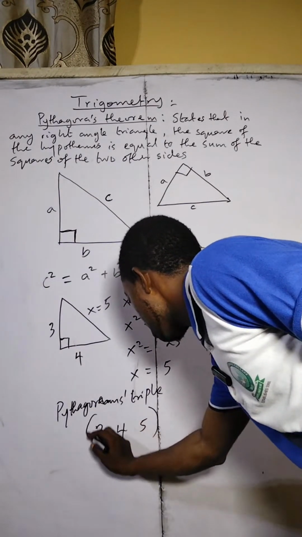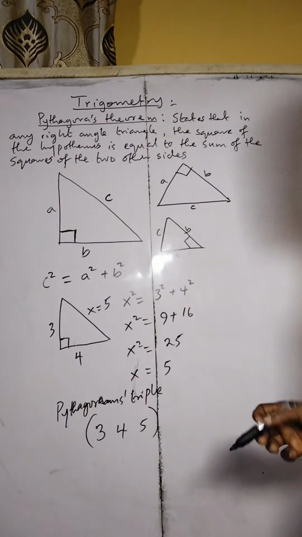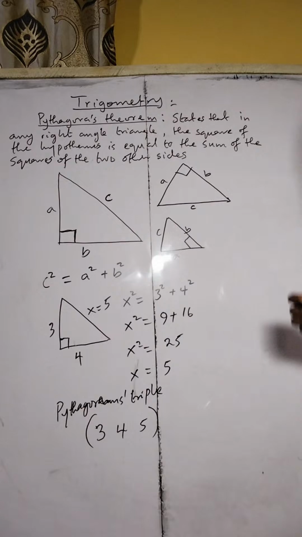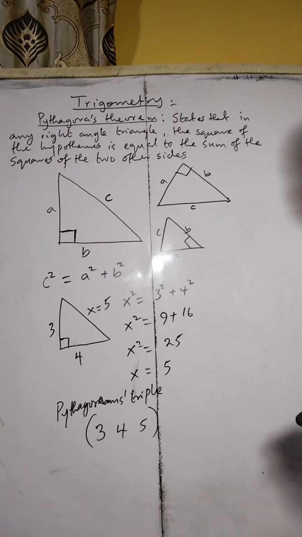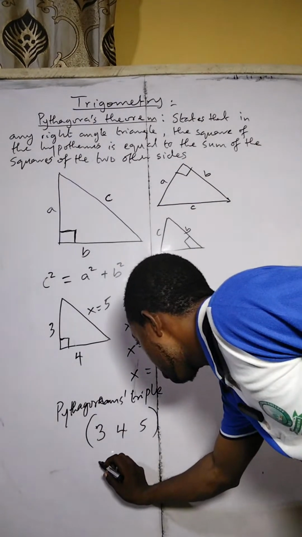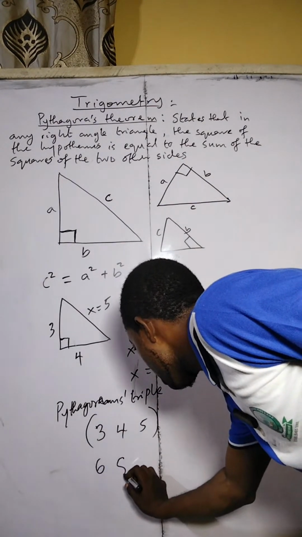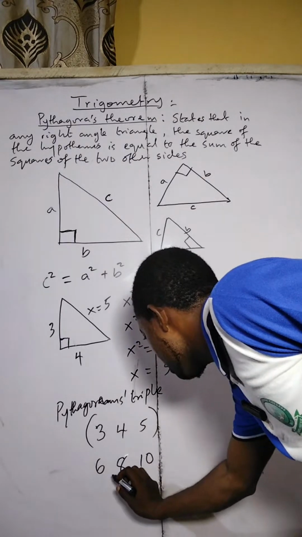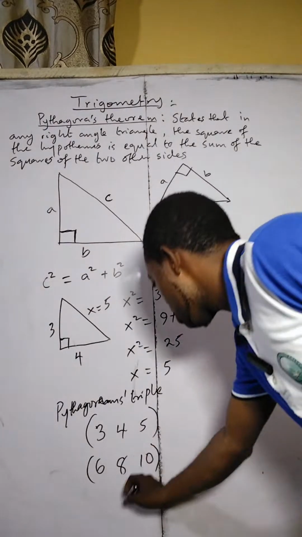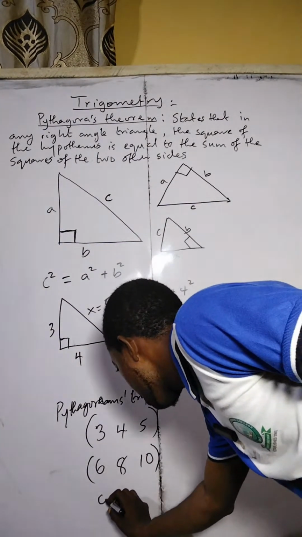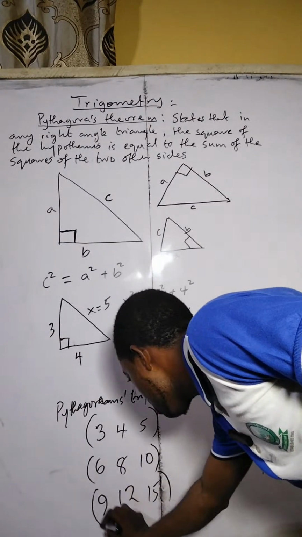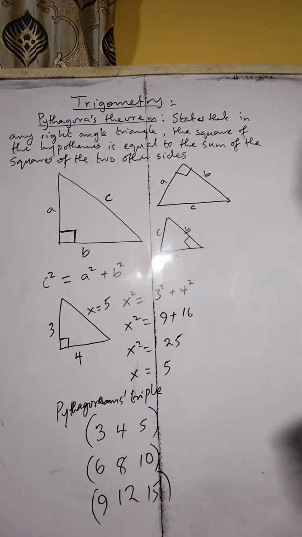The multiple of a Pythagoras triple is also a Pythagoras triple. For instance, the multiple of these numbers, 6, 8, 10, is also a Pythagoras triple. The multiple of this again, which is 9, 12, 15, is also a Pythagoras triple. So that is that about Pythagoras theorem.